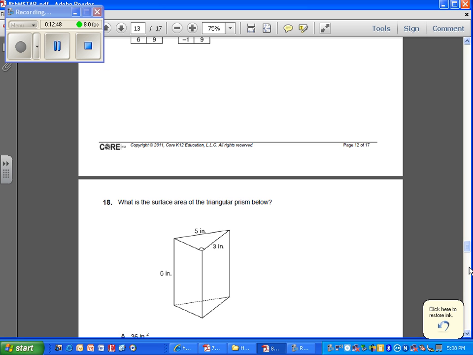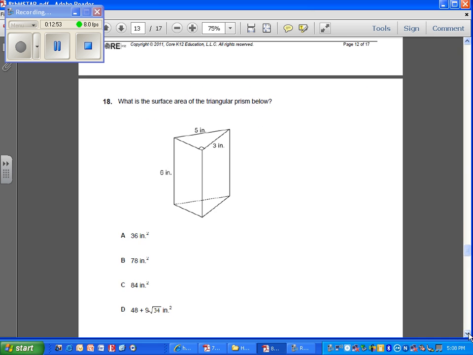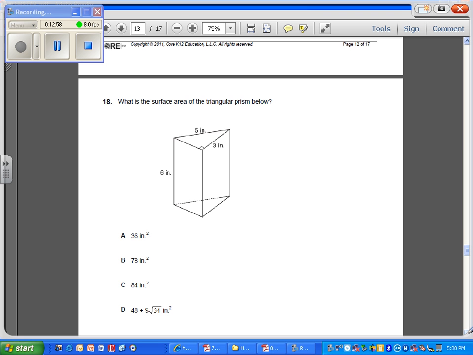All right, number 18. What's the surface area of this triangular prism? Now you can do pH plus 2b. You can do that, or you could just do each of the individuals. So that's your formula, pH plus 2b. So perimeter of your base would be, let's see, I'm going to have to find this base right here.